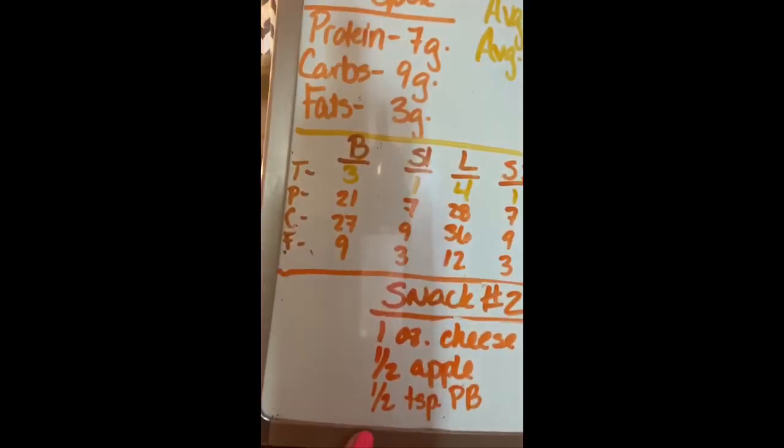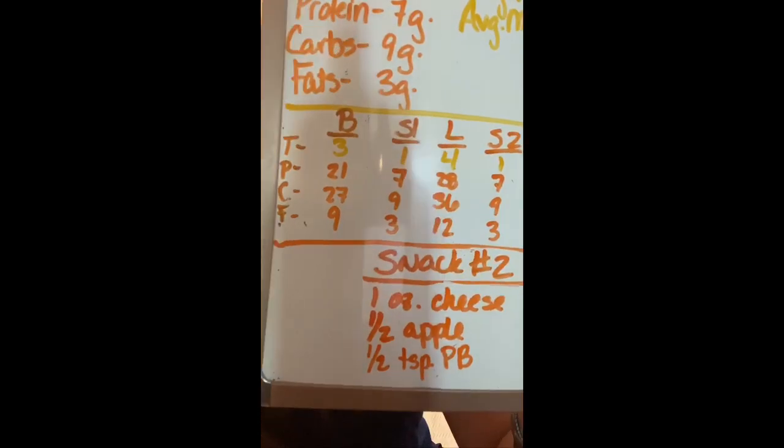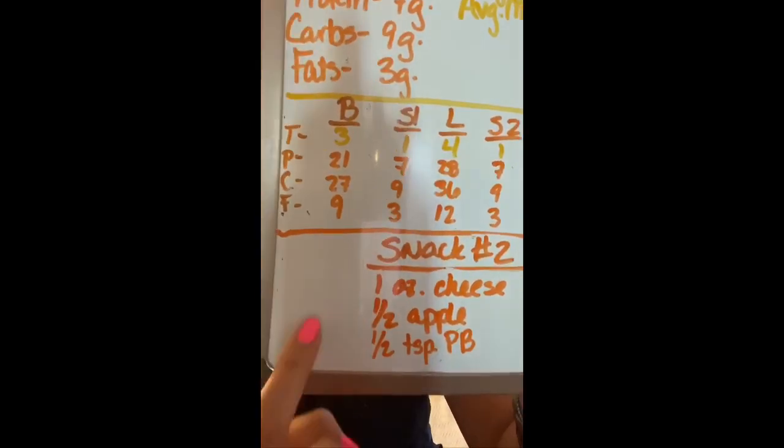They would get half of an apple, and I would assume that they would slice that up to use it in the half a teaspoon of peanut butter. And so they could dip their apple in their peanut butter, or they could wrap it in the cheese, whatever they choose to do. But they now have a delicious snack that's light for after school, because their dinner is going to be huge because it's bigger than what they had for lunch, and their lunch was already pretty big.